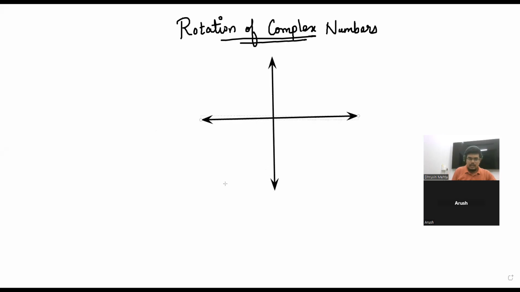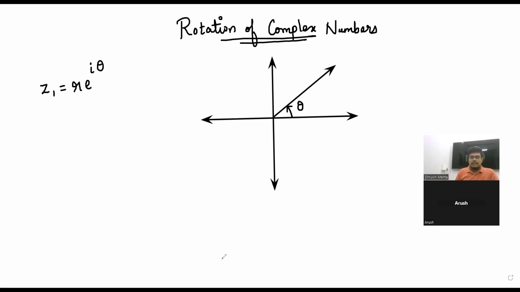So let's say we have a complex number z1, which is r e raised to i theta. So what does this mean, Arush? That if this is the position of z1, then this angle is theta.